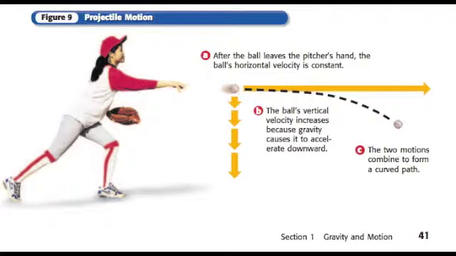So it's now following a combination of two forces, a curved path. Which brings us to point C. The two motions combine to form a curved path. So this little dotted line that you see is a combination of the pitcher's hand throwing it to the right and gravity pulling downward on it. So this makes a curved path.